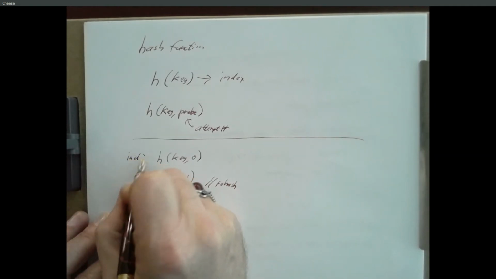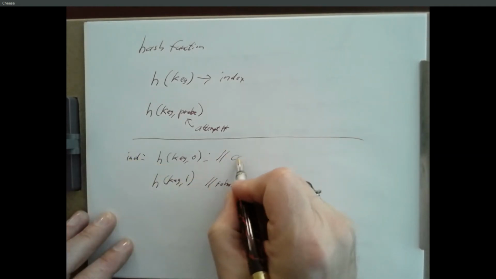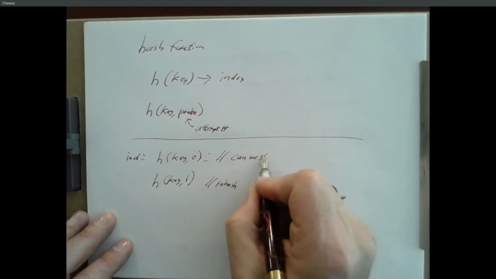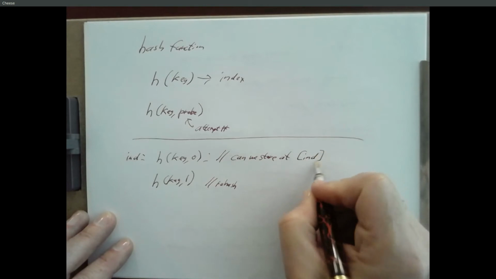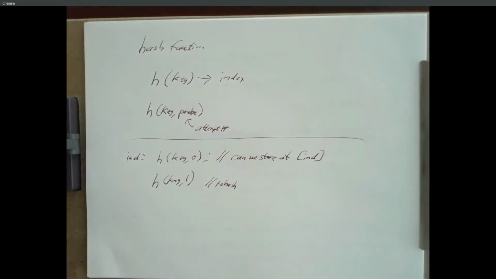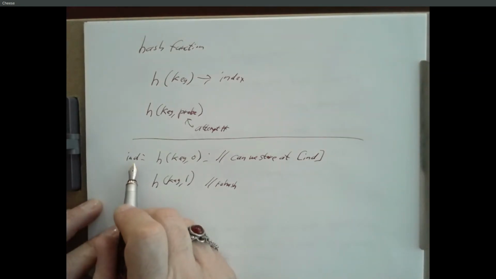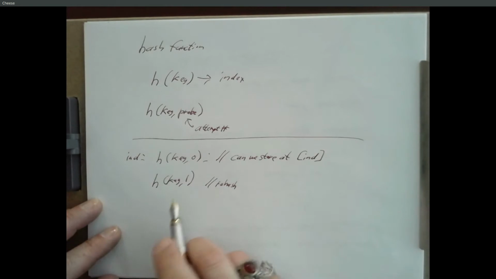So index equals hash of key and probe. The hash function should just take a key and a probe and give us back an integer. So set that into some location. Can we store it at that index?